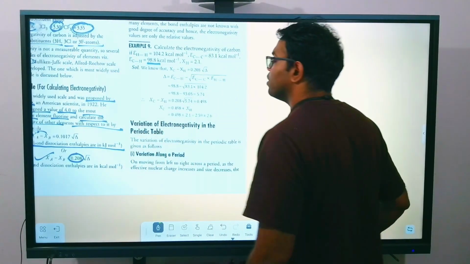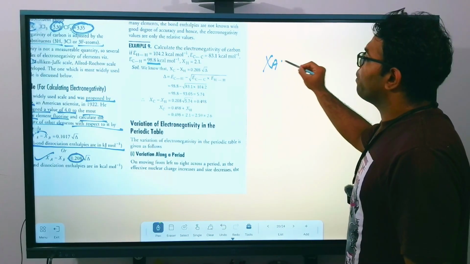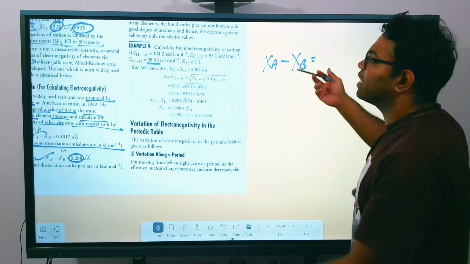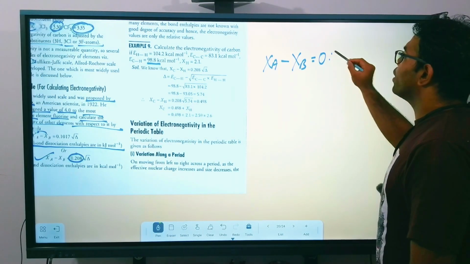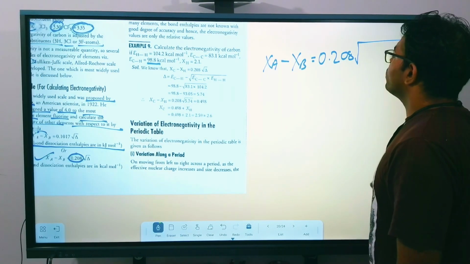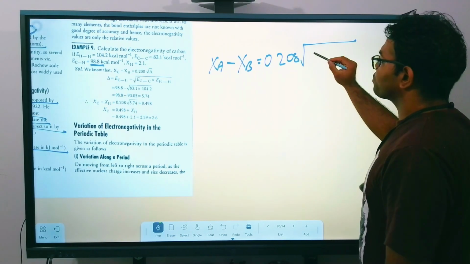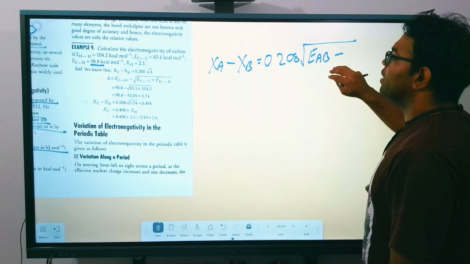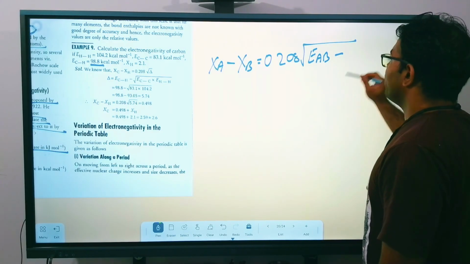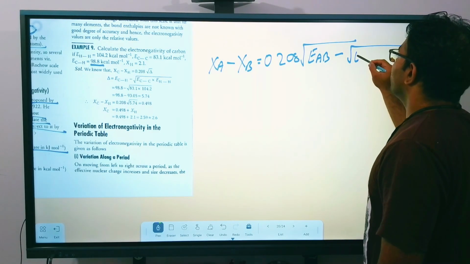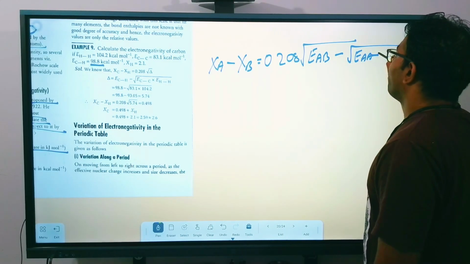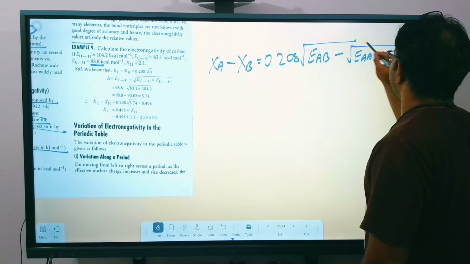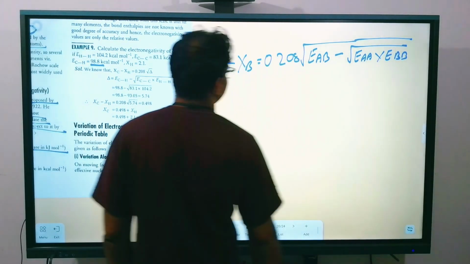So we know that the formula is what? XA minus XB is equal to, because they are given in calories, we'll use 0.208 root under EAB minus root under EAA multiplied by EBB. Okay, so this is the formula that we have.